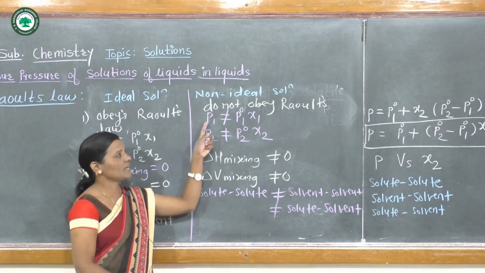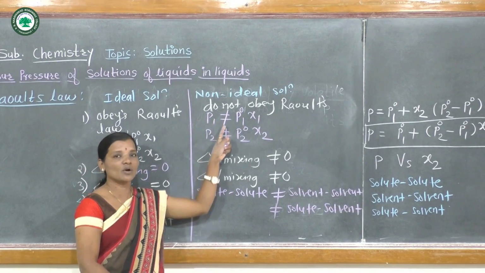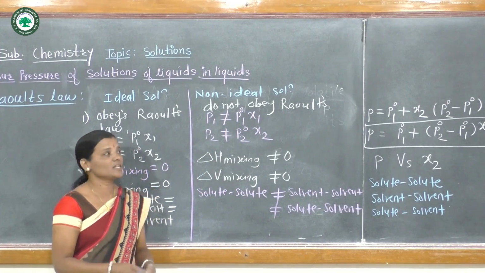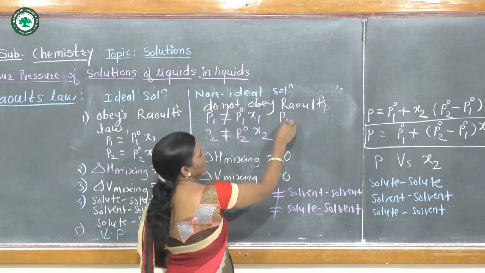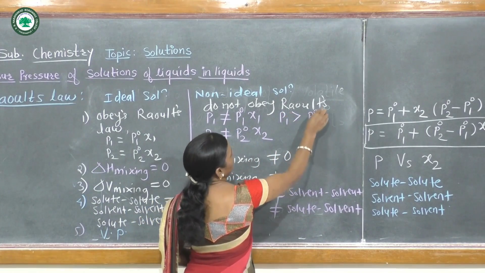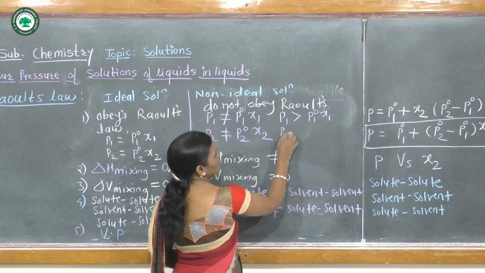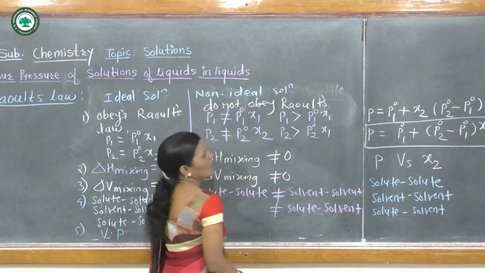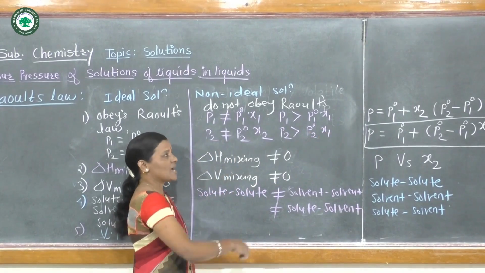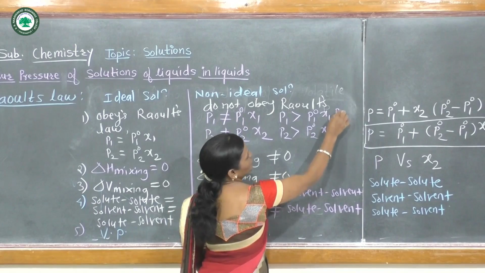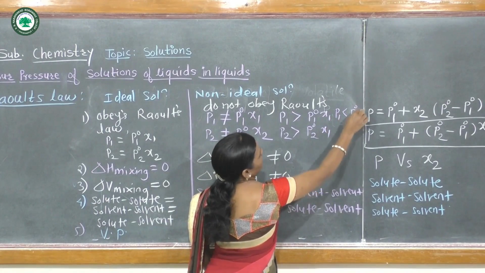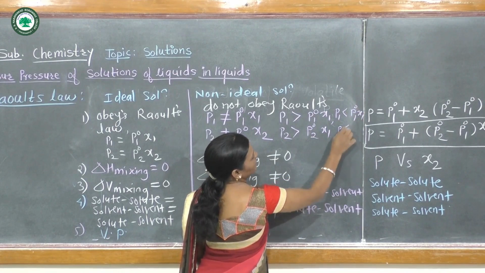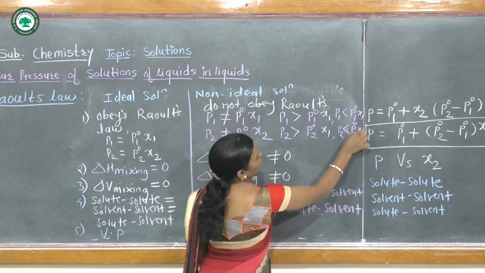Now here we are saying that the partial vapor pressures are not equal to this product. Then we can say for a non-ideal solution, either P1 is greater than P01 into X1 and P2 is also greater than P02 into X2, or P1 is less than P01 into X1 and P2 is less than P02 into X2.